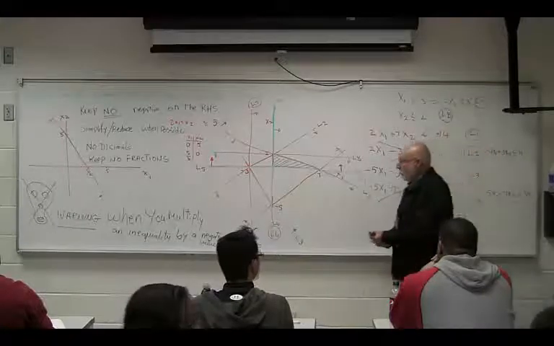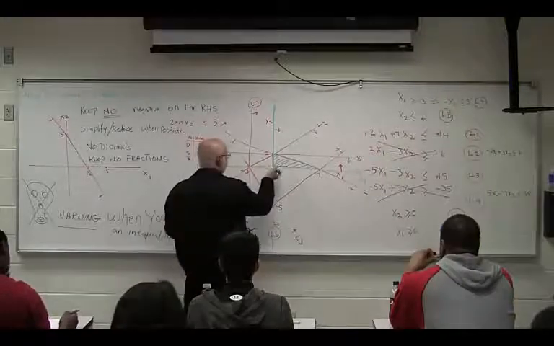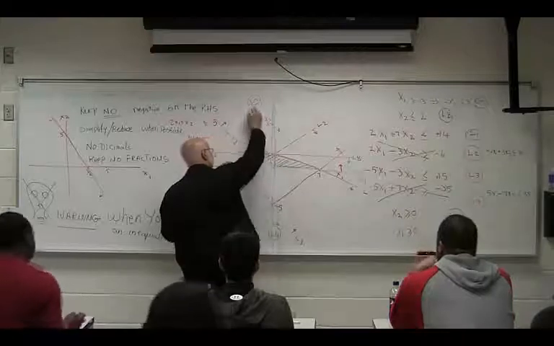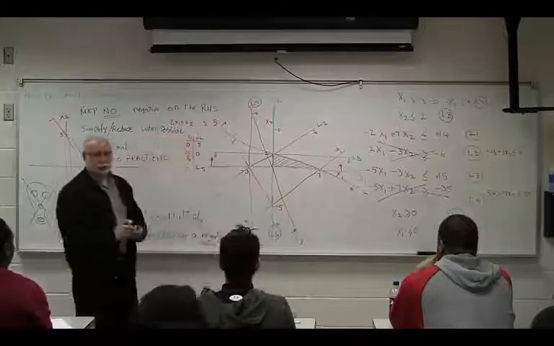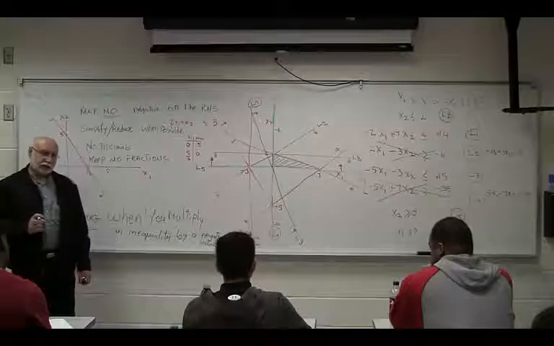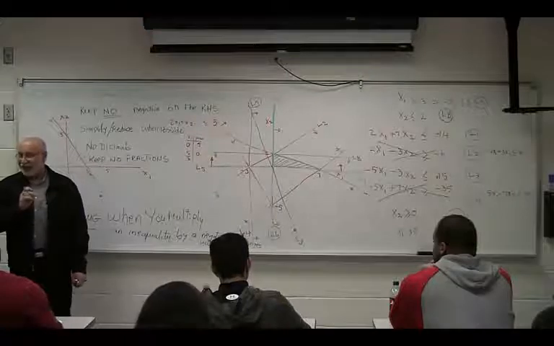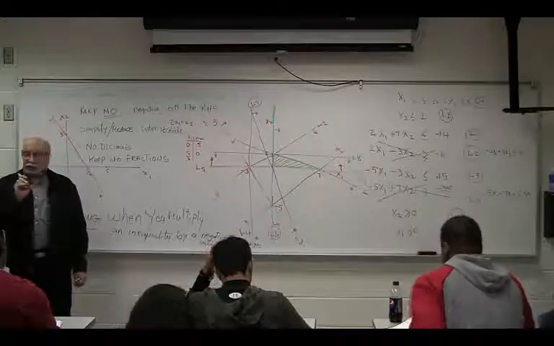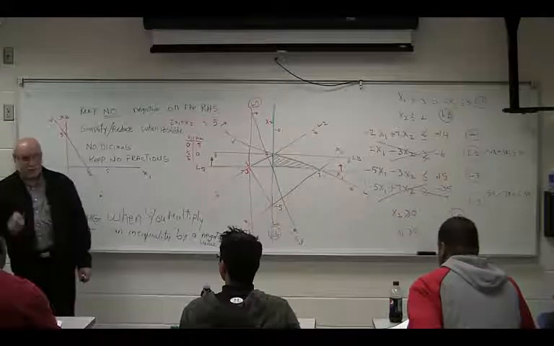So if a line like this one is given to you, someone needs to tell you what the slope of that line is. Or there has to be a clear, specific point that you can read the coordinates from.